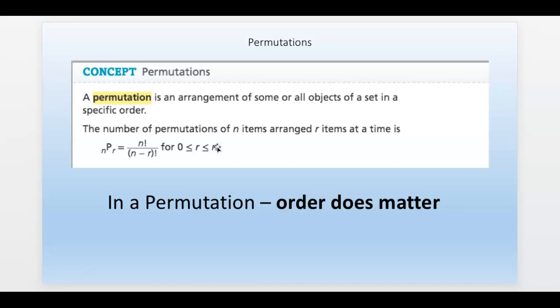R is how many we're arranging. N is how many we're picking from. Very important, in a permutation, order does matter. Order does matter in a permutation. It's a lineup. It's an arrangement.